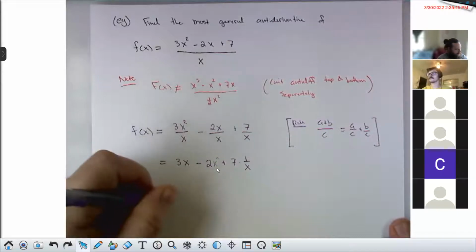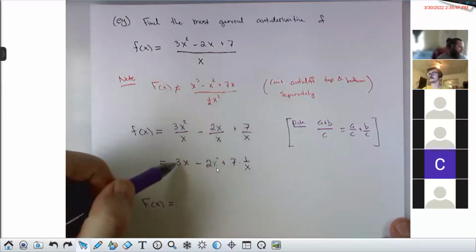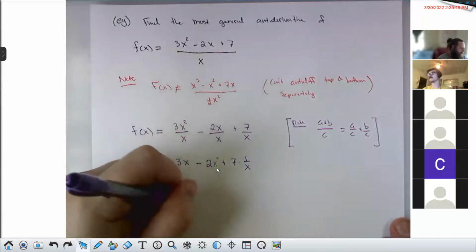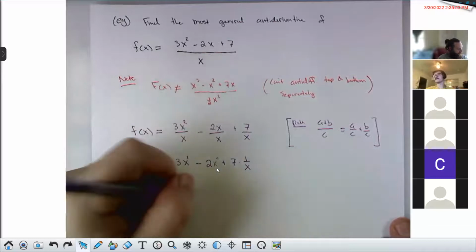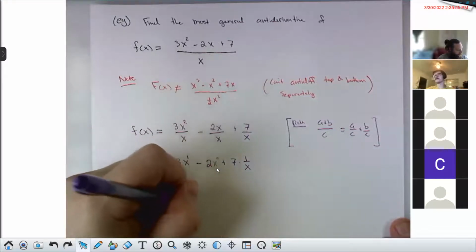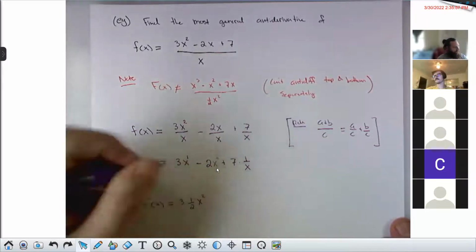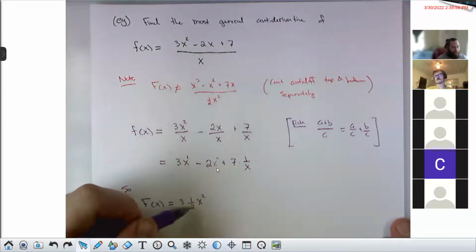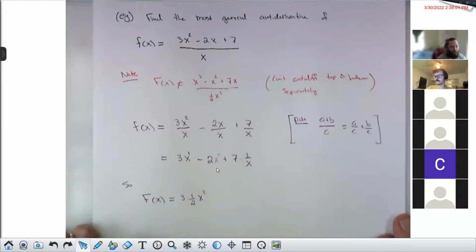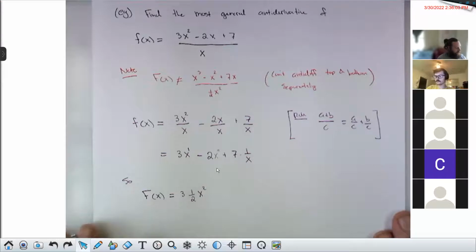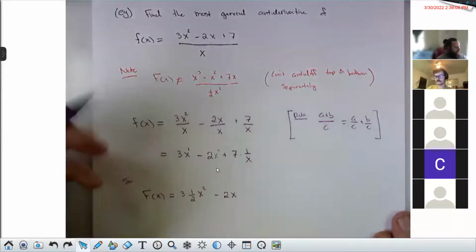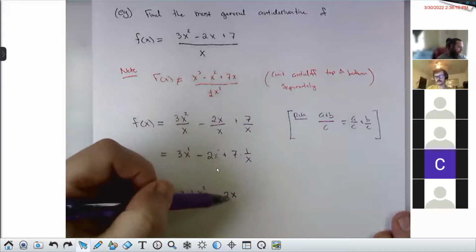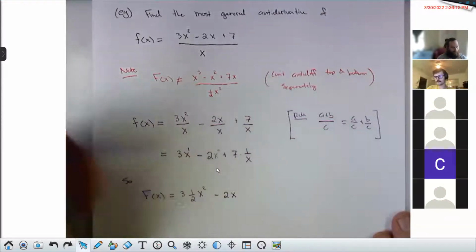big F, my antiderivative. I take 3, bring him along for the ride, and then apply my power rule here. This is x to the 1. So I'm going to get 1/2 x squared, right? 1 over n plus 1 times x to the n plus 1. Minus 2x, right? If you like 2 times 1 over 1 times x to the 1, just write 2x.